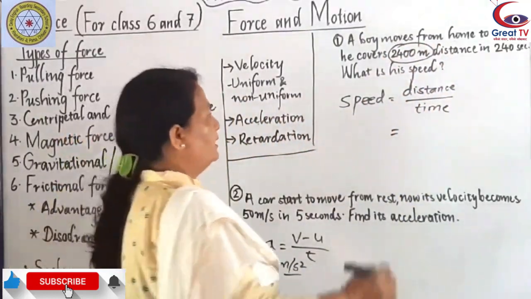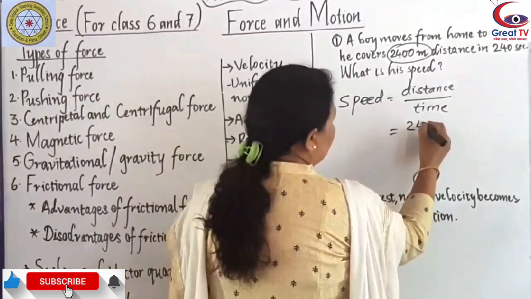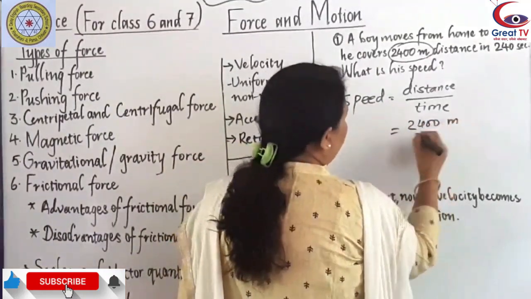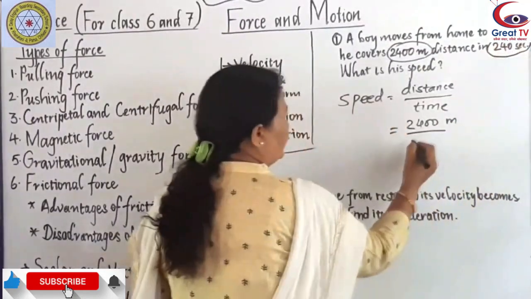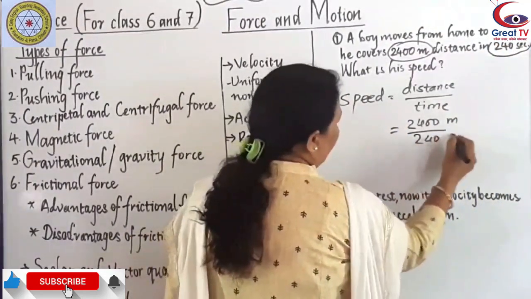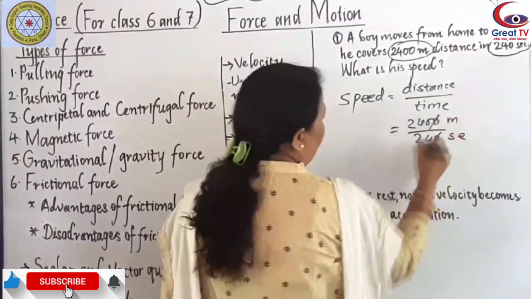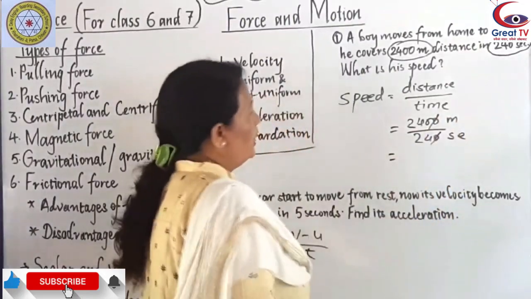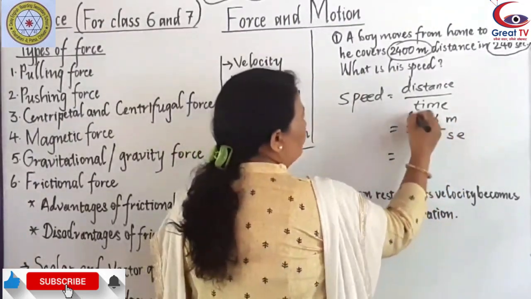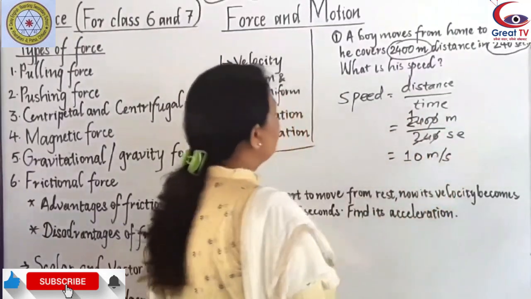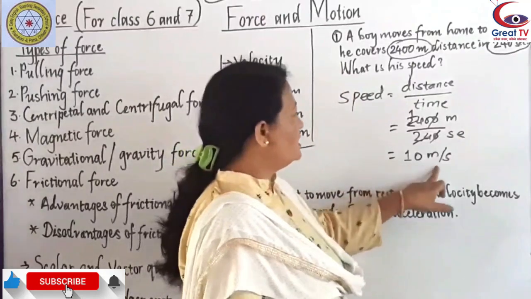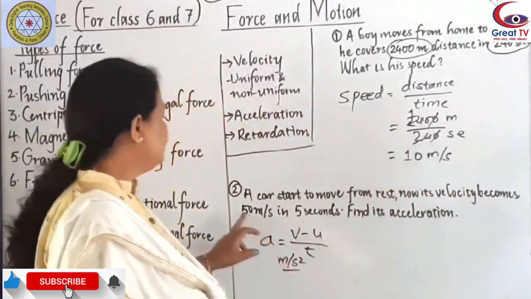The distance is 2400 meter and the time taken by him is 240 seconds. Cancel 0, 0, and 24 by 24 is 1, so it is 10 meter per second. The speed of the boy is 10 meter per second.